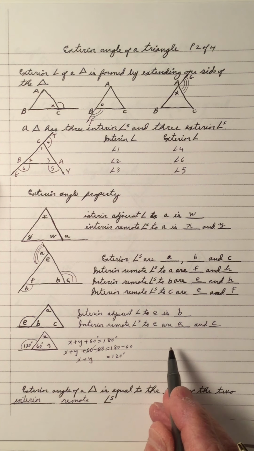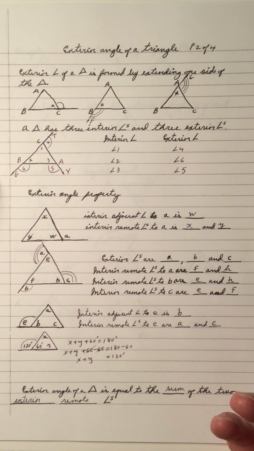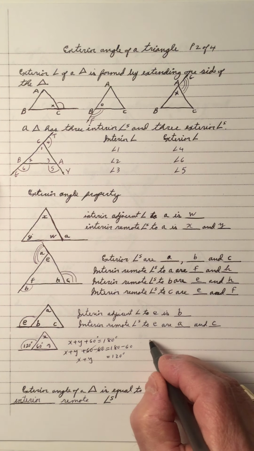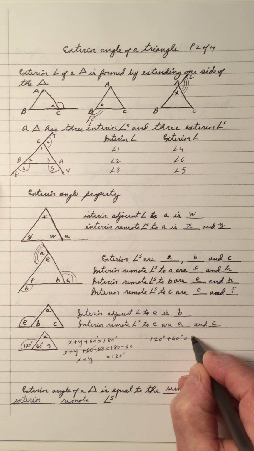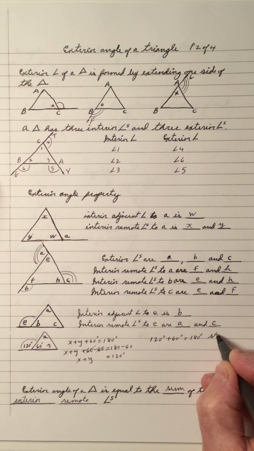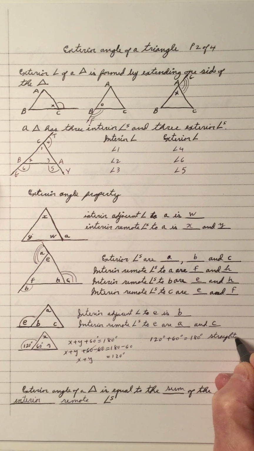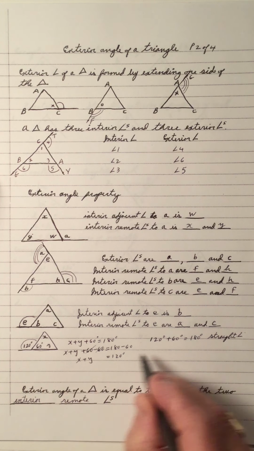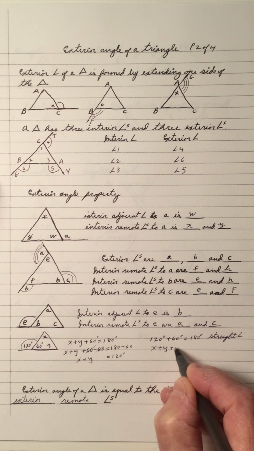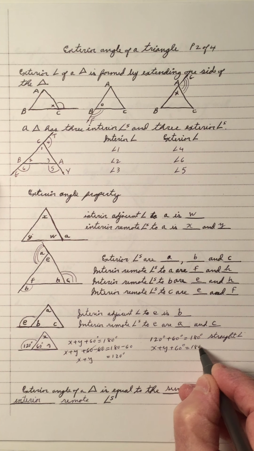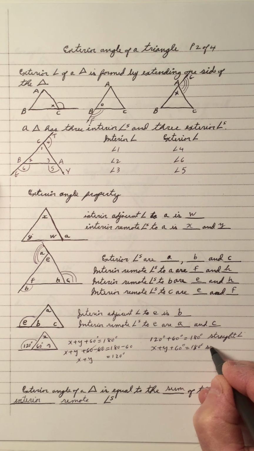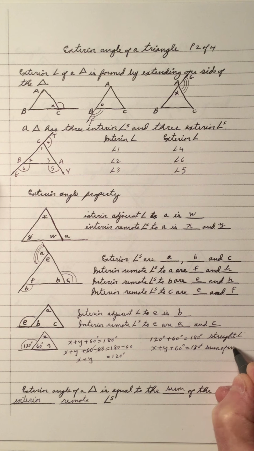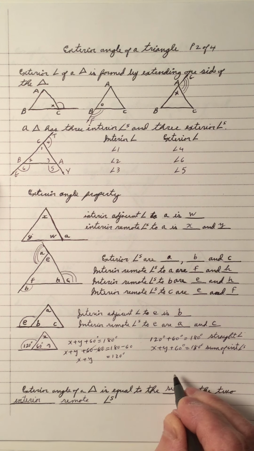So the exterior angle is equal to the sum of the two interior remote angles. And another way to think about that, if you were doing a proof in geometry with statements and reasons: 120 plus 60 makes 180 because that's a straight angle. And X plus Y plus 60 equals 180 because they're the sum of the interior angles of a triangle.